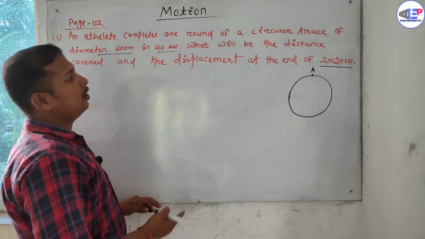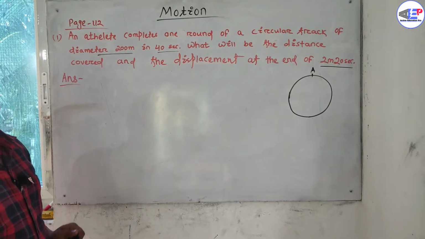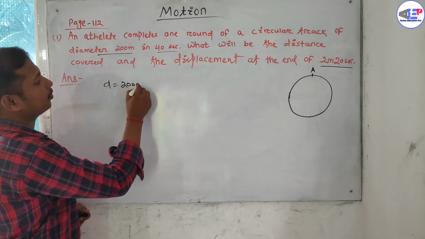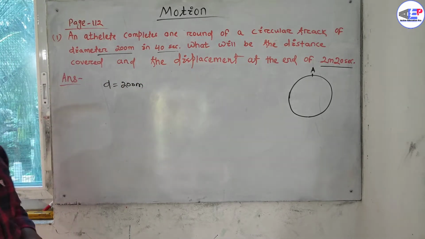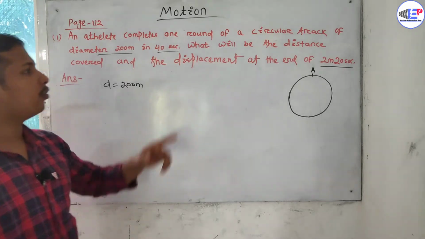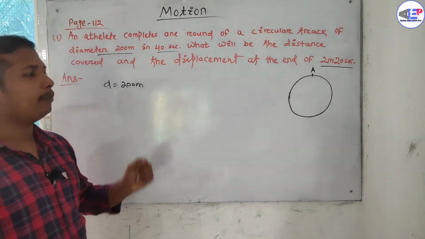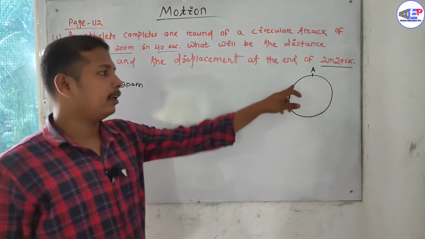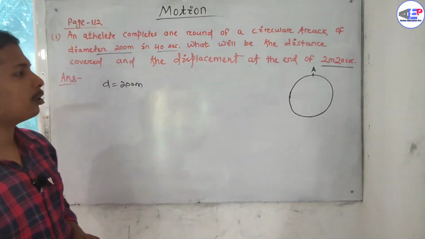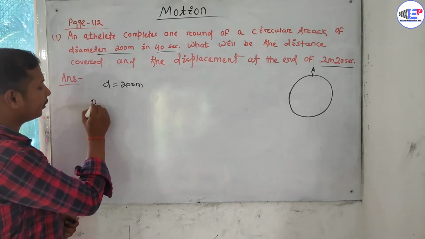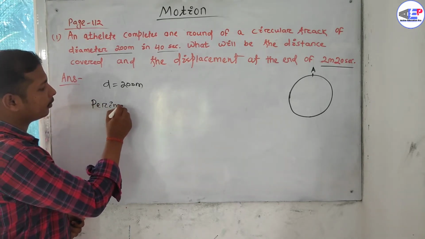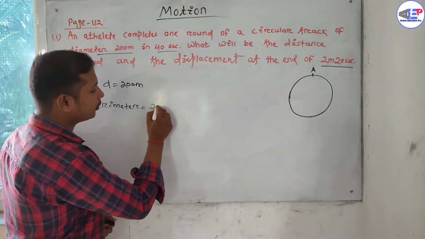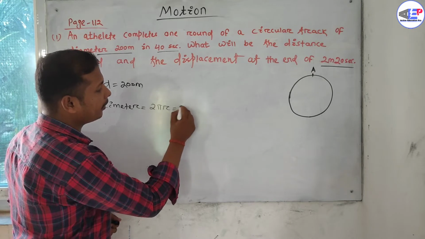So given that the diameter of the circular track is 200 meter, and the athlete completes one round in 40 seconds. Completing one round means it covers a distance equal to the perimeter of the circular track. The perimeter of the circular track will be 2 pi r. 2 pi r means pi into 2r.